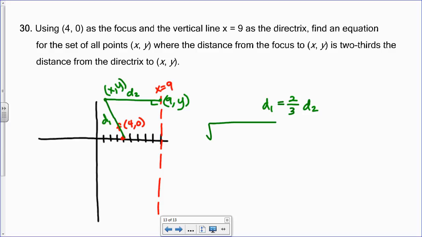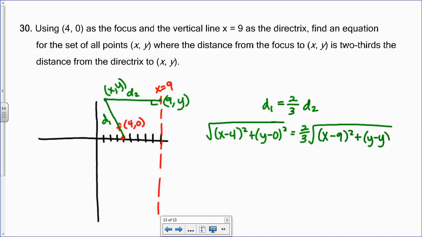So I'm going to do the square root of x minus 4 squared plus y minus 0 squared equals 2/3. And I need distance 2. So that's going to be the square root of x minus 9 squared plus y minus y squared.